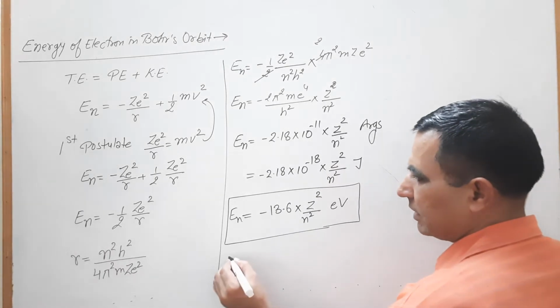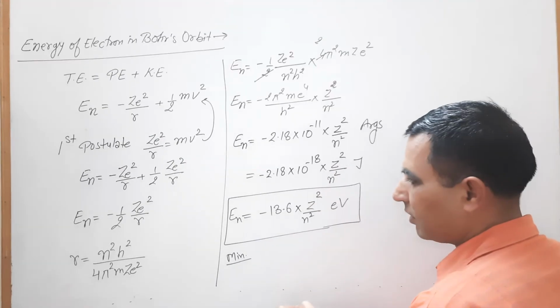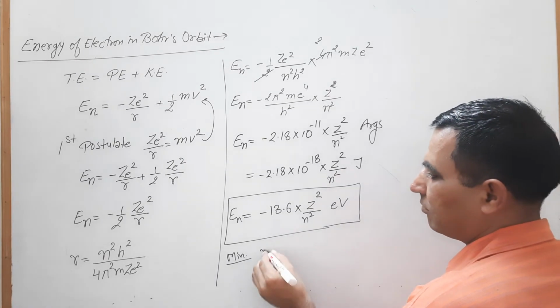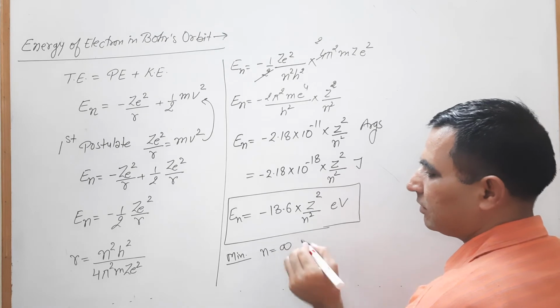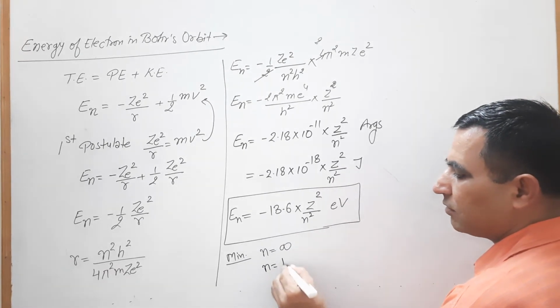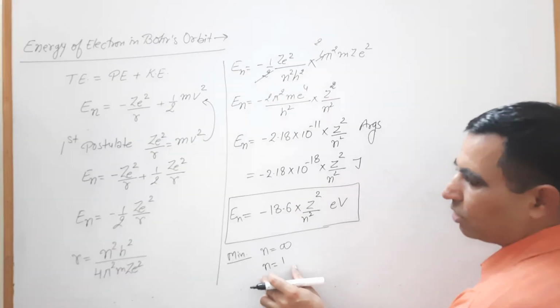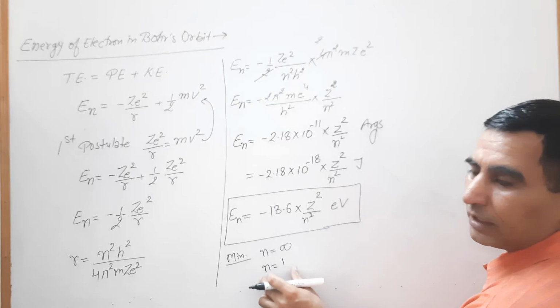The minimum energy of the electron is when the electron is present in the first orbit. Whenever the electron is present in the first orbit, we are talking about the hydrogen atom.